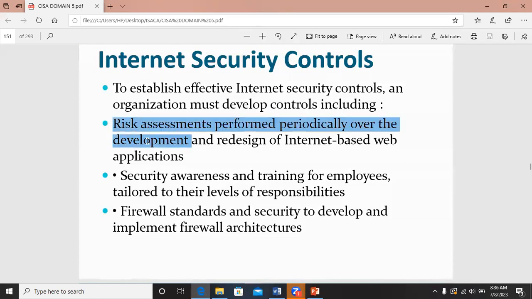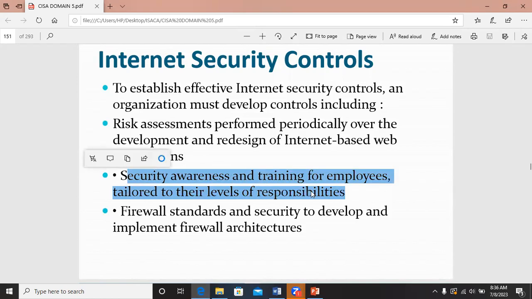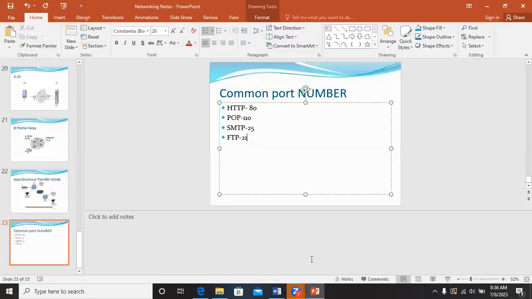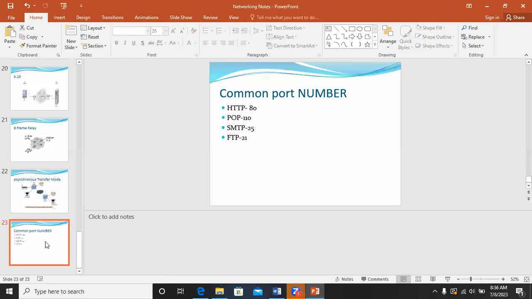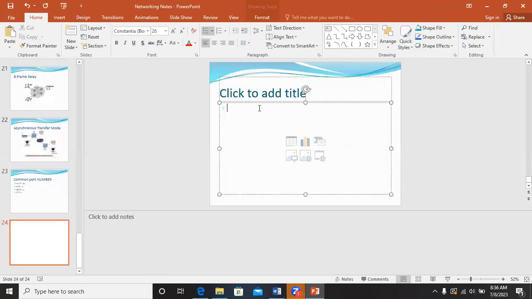Perform risk assessment regularly for your network environment. Then do security awareness and training for employees as often as possible. A company in America called Target, you can check it, the Target breach.